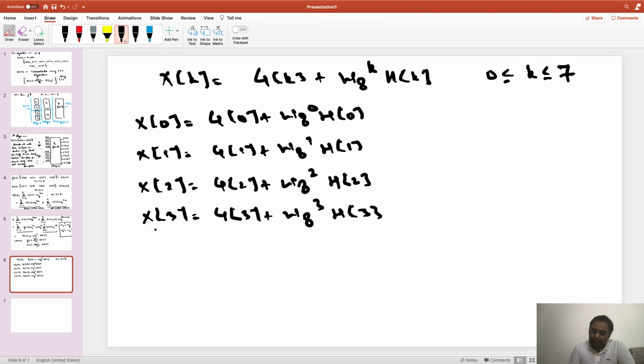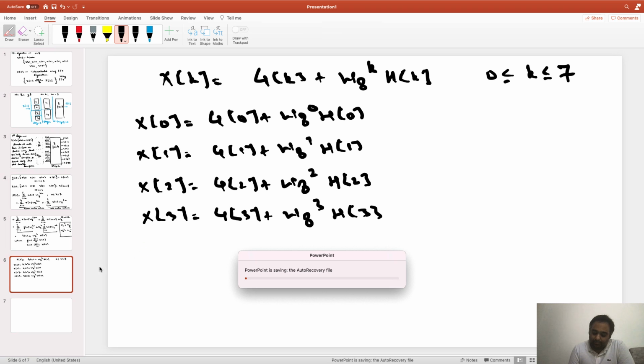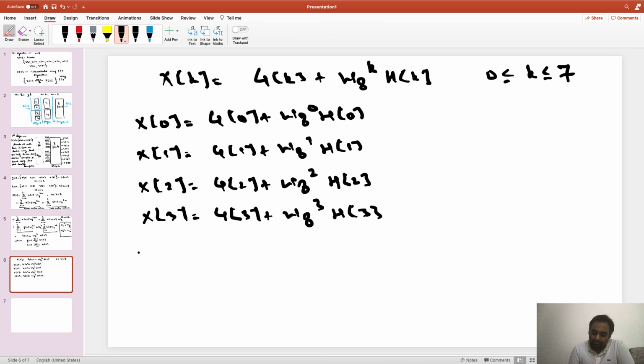But now if suppose you were to evaluate capital X4, then that will be G4 plus W8^4 H4.